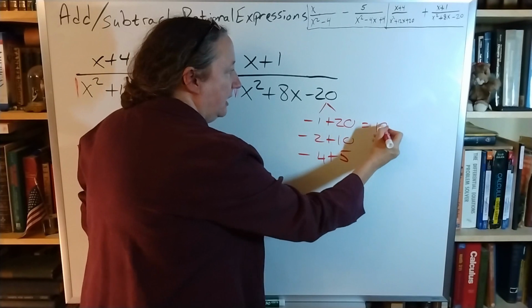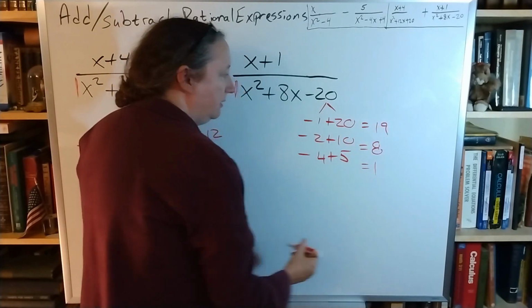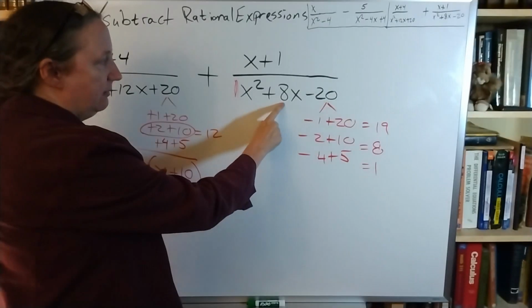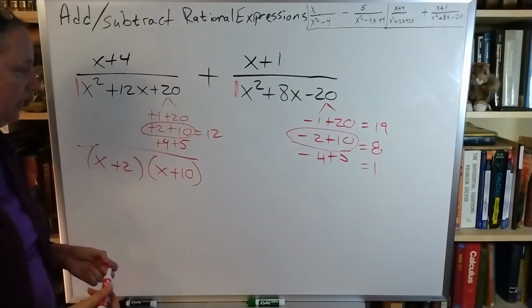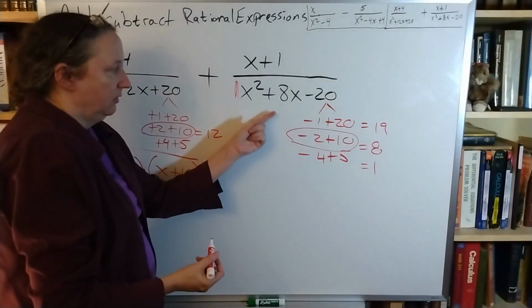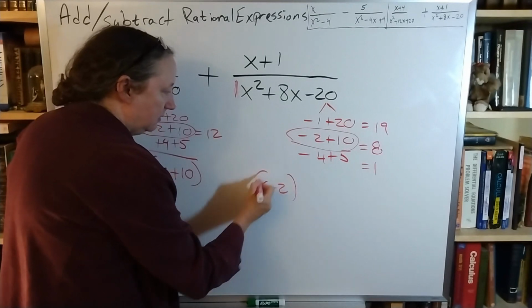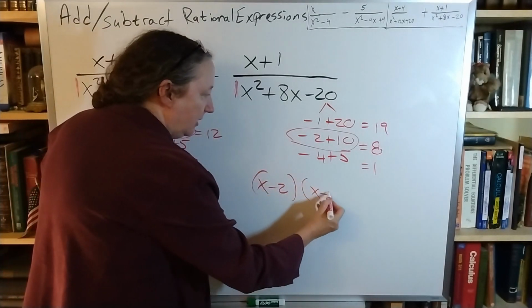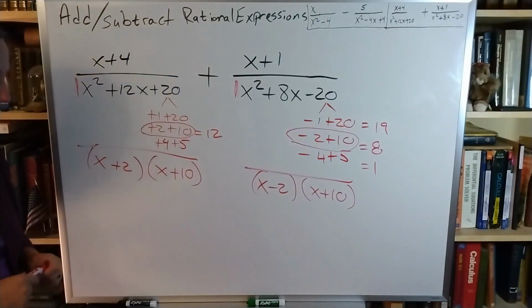So this gives me 19, that gives me 8, and that gives me 1. I want the number to be 8, so I'm using the minus 2 and plus 10. So shortcut, x minus 2 and x plus 10. And that is my denominator over there.